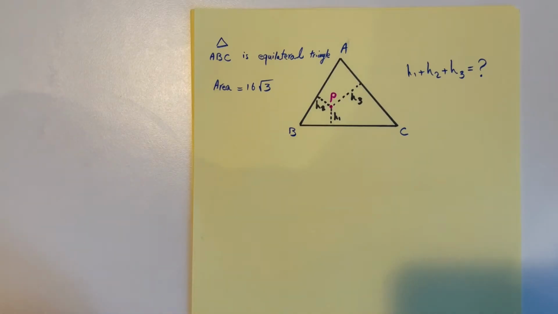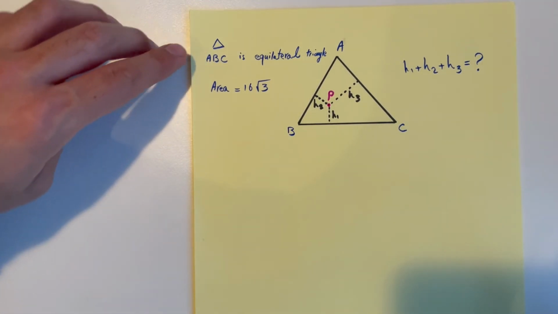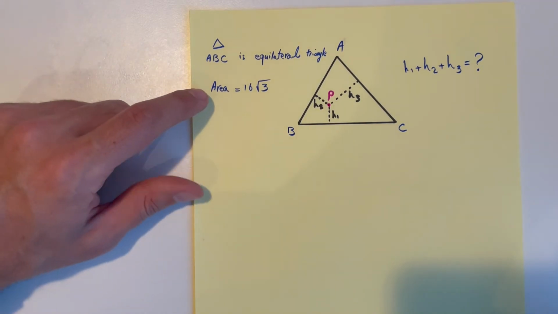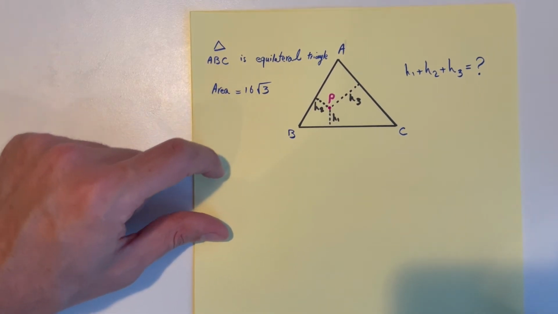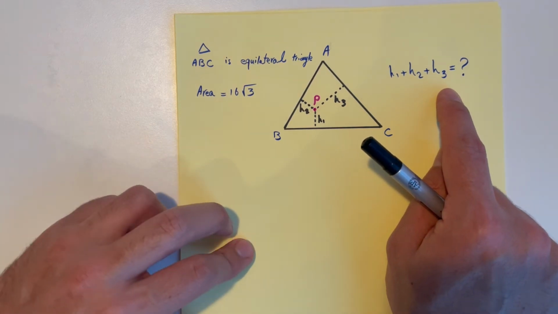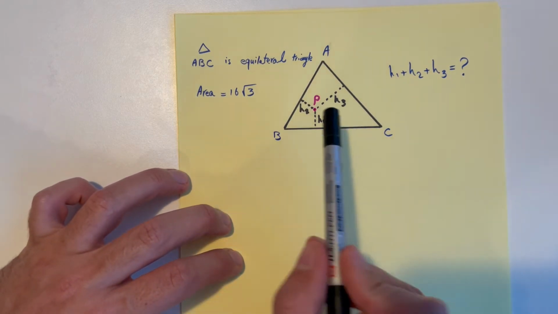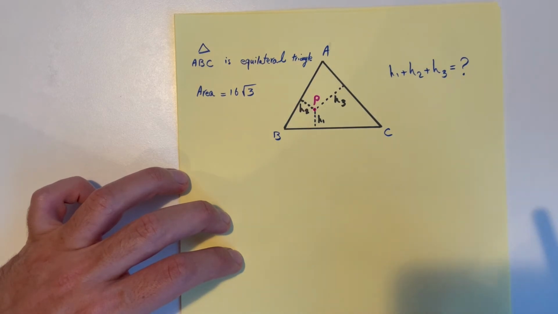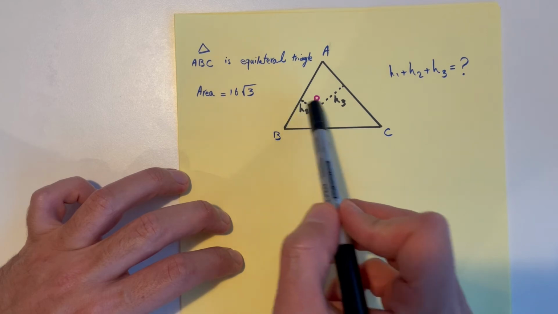So now let's take a look at this problem. The problem says triangle ABC is an equilateral triangle, and the area of this triangle is equal to 16 times radical 3. We want to know what h1 plus h2 plus h3 is. If you look here, h1, h2, and h3 are the distances of point P, which is an arbitrary interior point of triangle ABC, to the sides.